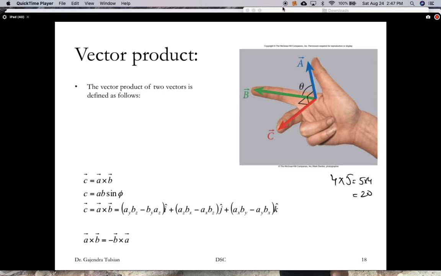And for the direction of C, you use your right hand. If the thumb indicates the first vector and your index finger is the second vector, your middle finger indicates the third vector. Also, a good one to remember is as you turn the first vector into the second vector, the direction in which a screw moves would give you the direction of the third vector of the cross product.